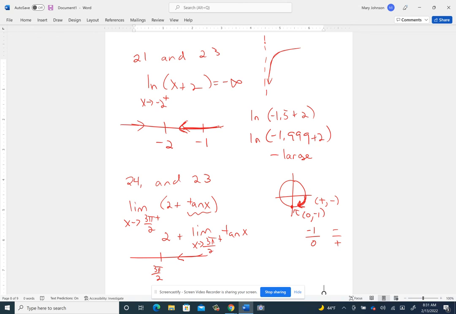So you have to think about that. And you're going to wind up having it approaching a negative infinity. So this would be negative infinity. So 2 plus negative infinity would still be negative infinity. Okay.